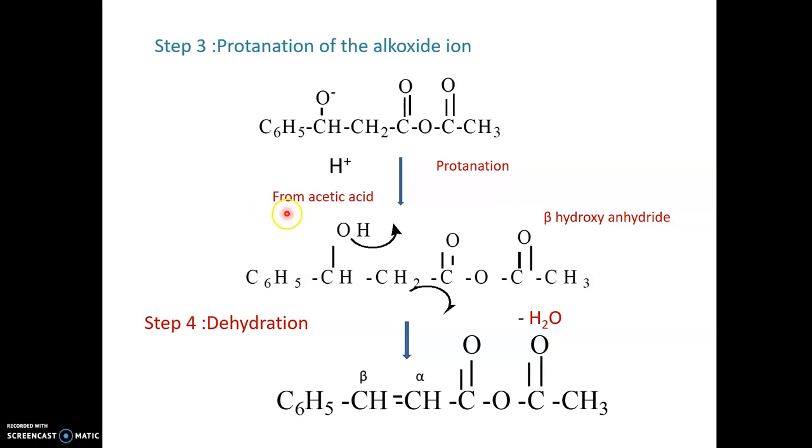This undergoes ionization to give the acetate ion and H plus, and this H plus is taken by the alkoxide ion and we get the corresponding beta hydroxy anhydride. So here the only change is that to the negative oxygen we are adding an H plus. So a beta hydroxy anhydride is obtained. That is the step we call protonation.